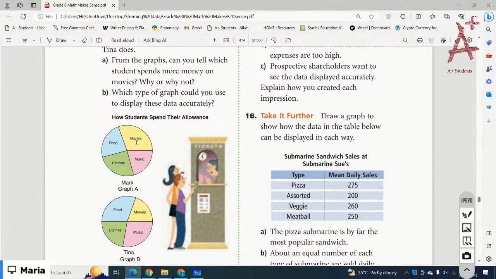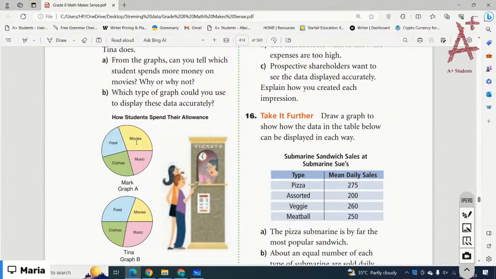But a circular graph is about displaying a percentage or a fraction of a whole. So just by looking at the graphs, you cannot tell who spends more money on the movies, right?